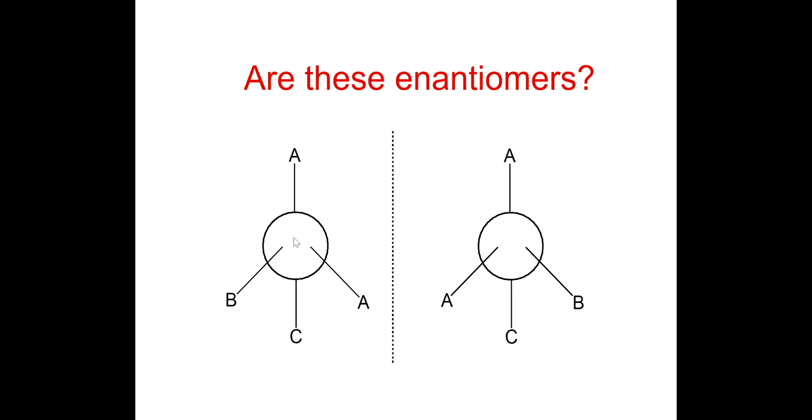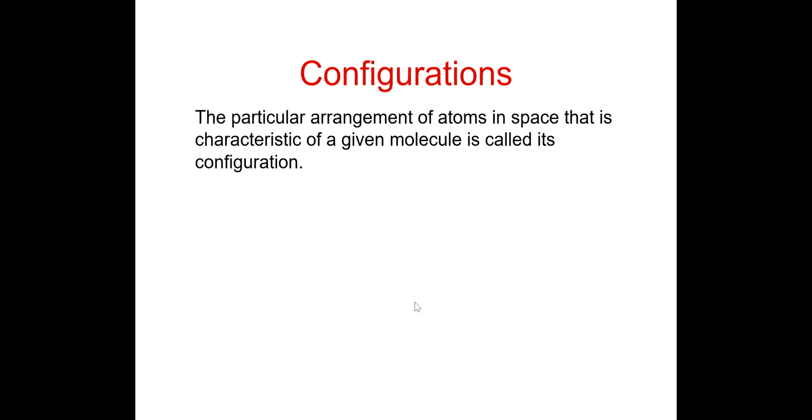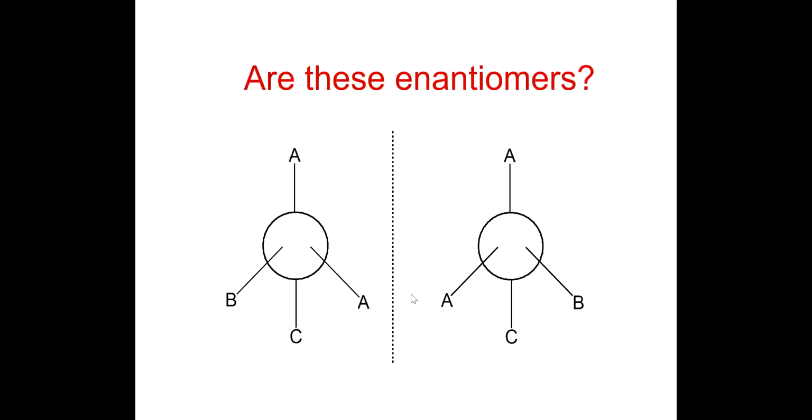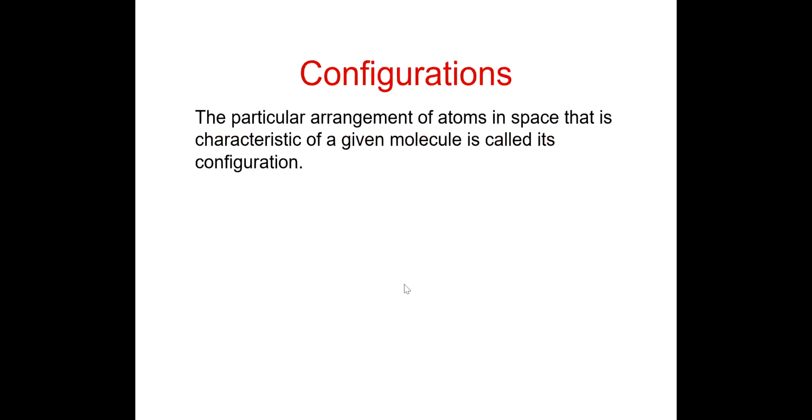If there are 1 or 2 identical atoms or groups linked to the central one, then they are non-enantiomers, right? Okay. So are we clear now? Yes, Laoshi. Okay. Now we'll continue.